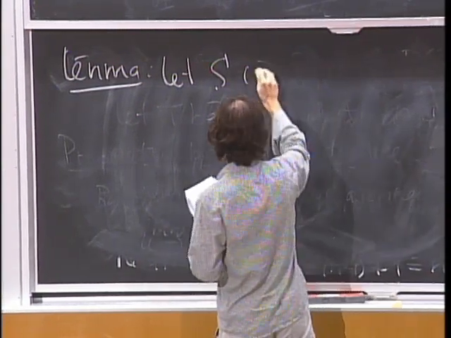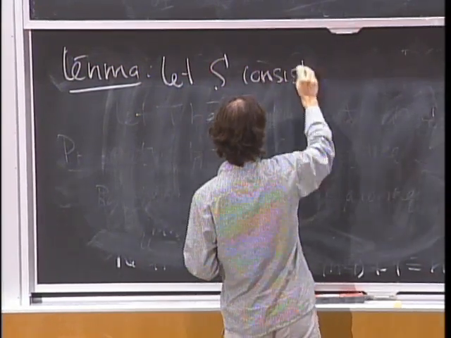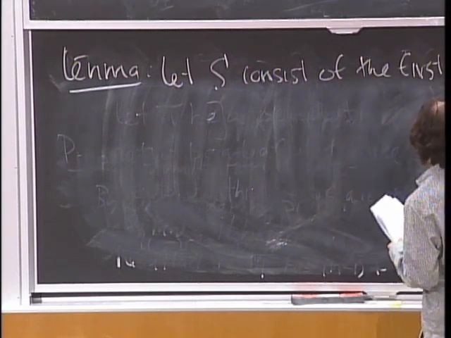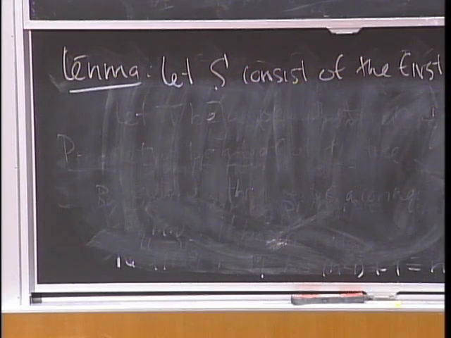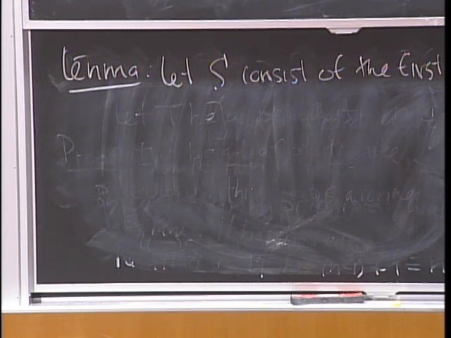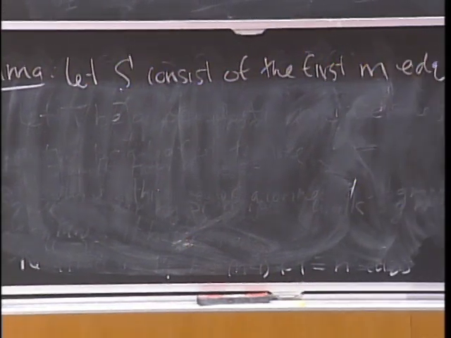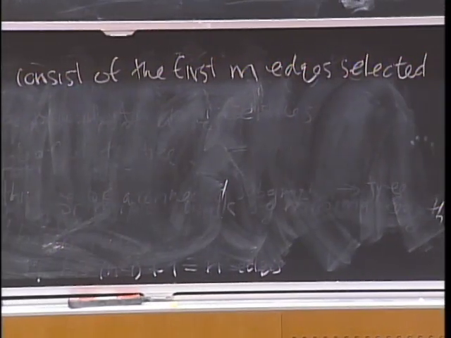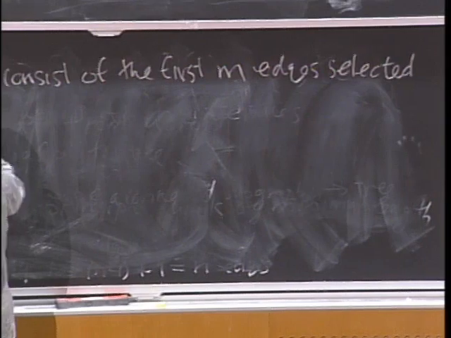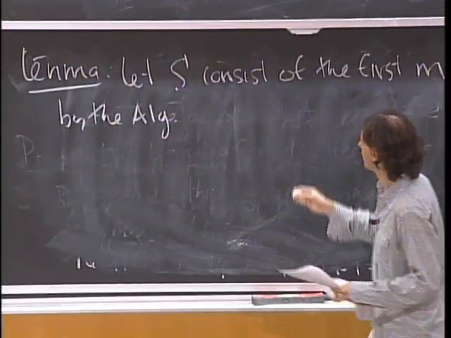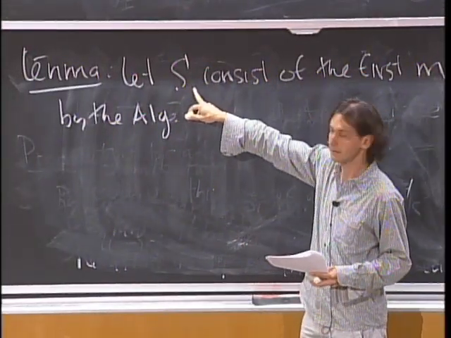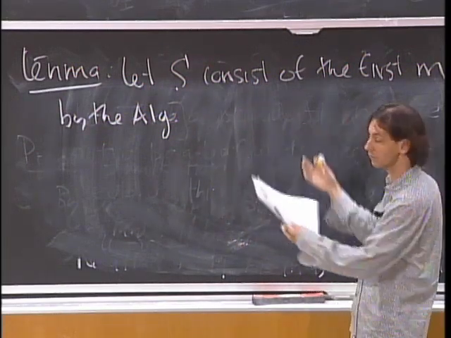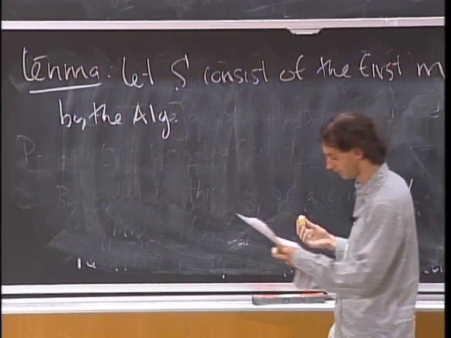So let S consist, for example, of the first m edges, and what we want to show is that we can still extend this set of edges into a minimum spanning tree. We can still grow within the algorithm into a minimum spanning tree. That's what we want to show.